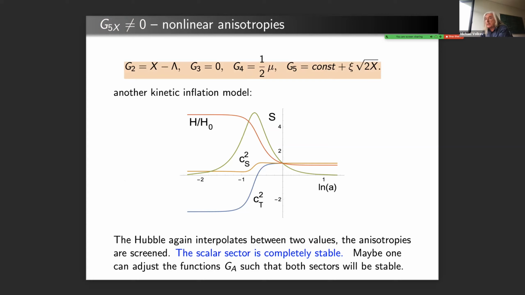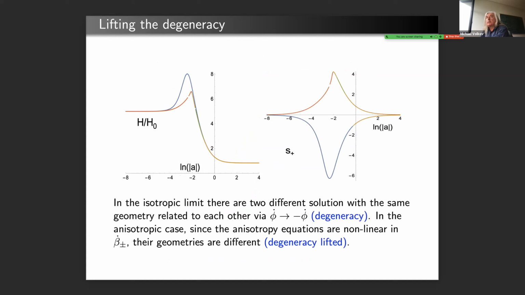We discovered that this time the scalar sector is completely stable, and this gives us hope that if you play more with these functions, probably we may obtain a completely stable model of this type. But it is still an open question. Well, here are the anisotropies, and okay, this is fine.